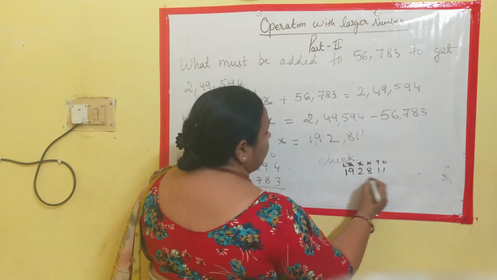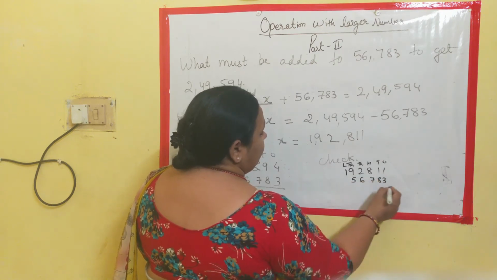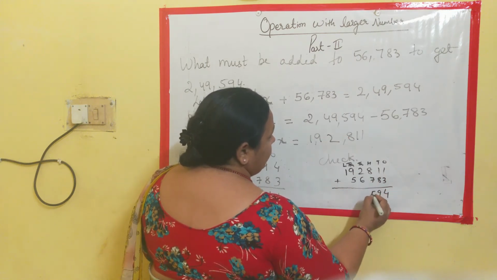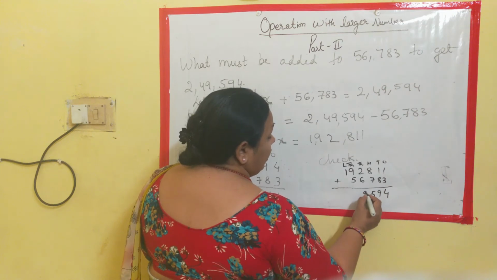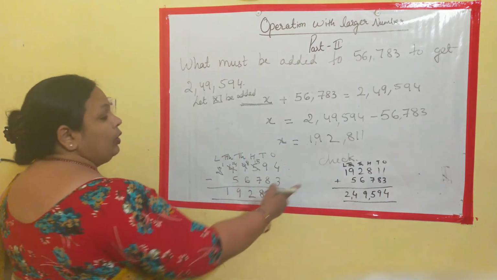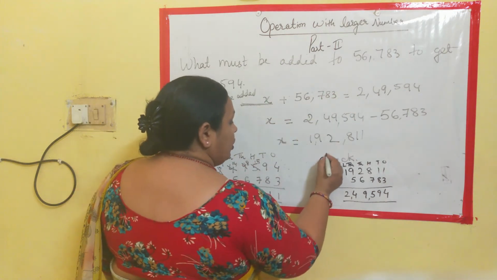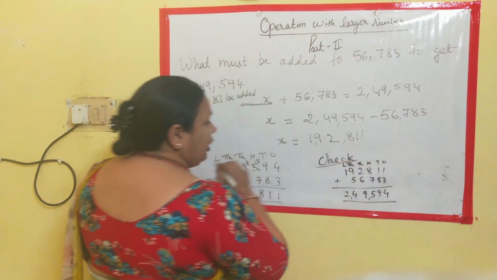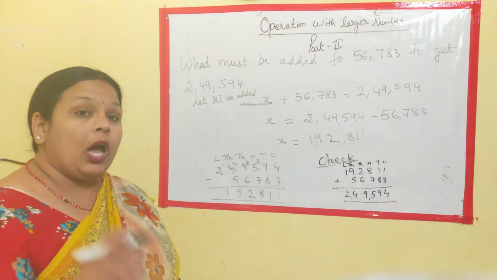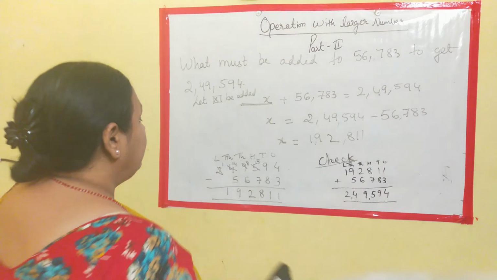And add the other number, that is 3, 8, 7, 6 and 5. So you will get 4. 8 plus 1, 9, 15, 5, 8 plus 1, 9 and here it becomes 4 and this is 2. So we can see that when you are substituting the value of x to the given number, you are getting this. So this is your check part. So when you are solving the problem and checking it up, it becomes confirmed that your answer is right. What you have done is right. Let's move to the further example.